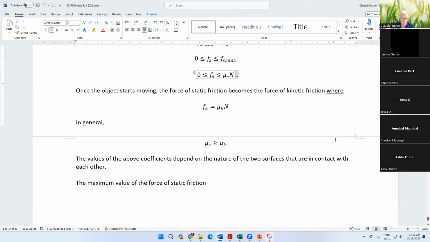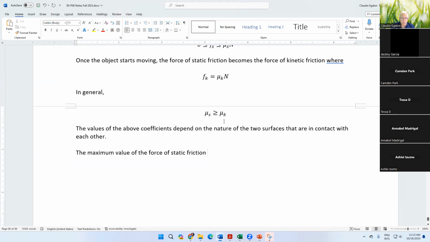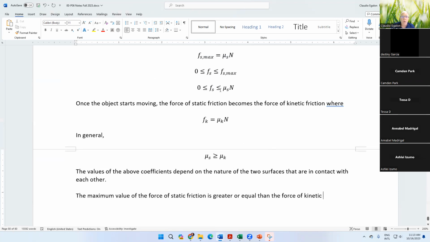The maximum value of the force of static friction, don't forget, is F sub s. The maximum value of the force of static friction is greater than or equal to the force of kinetic friction. In general, it's greater, but there are cases in which they are equal.